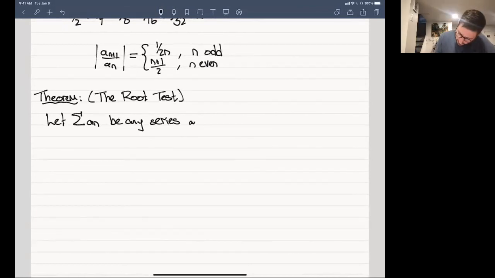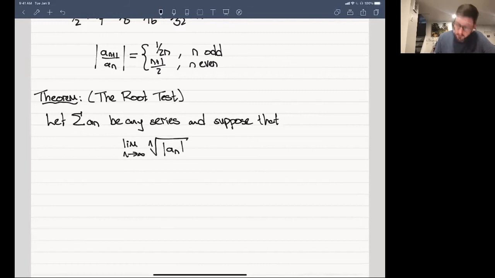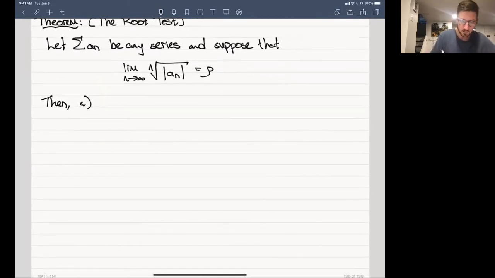And suppose that the limit as n goes to infinity of the nth root of the absolute value of the nth term is equal to some number rho. Then, just like with the ratio test, we have the same 3 cases. The series converges.